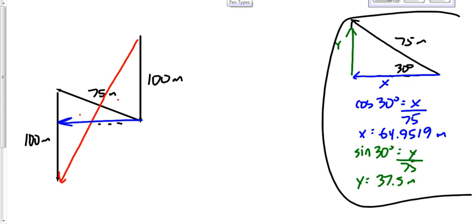Okay, this is 64.9519, and this is 37.5. And maybe I just want to scratch that out. Pretend it's not there. You can notice it there, right? But you know it's supposed to be gone, replaced by the 64 and the 37.